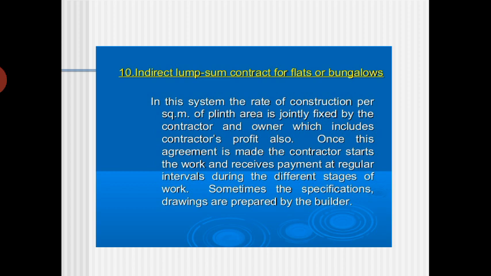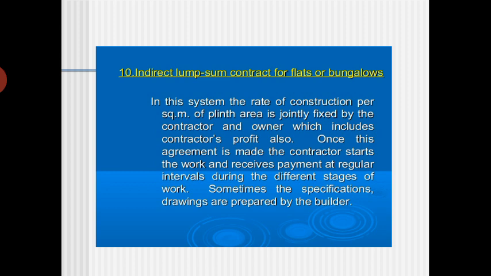And in this they will divide the different kinds of works in the building. Then for each work completion report, they will release the amount. The owner will give the amount saying that after completing one room or two rooms, or after completing the flooring, we'll give you this much.